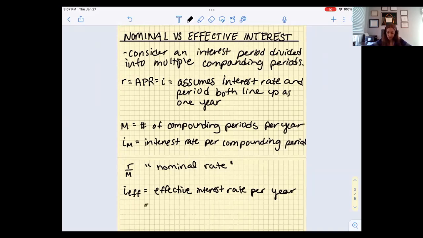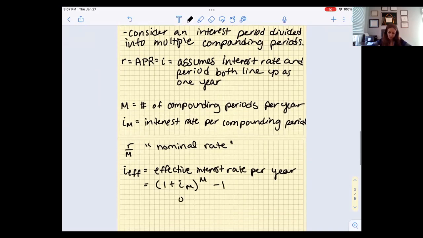The way we calculate that is we take 1 plus I sub M, raise it to how many times it compounds, and subtract 1. Or, if you plug it in, it's 1 plus R over M to the M minus 1. Yes, I sub M is R over M.